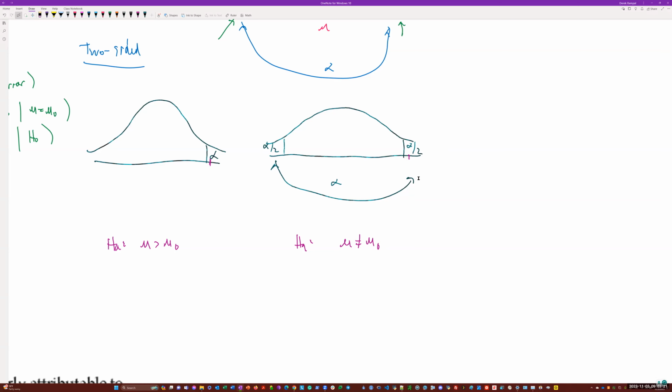If we say that here, we're pretty sure that we think the mean is actually larger than this value, right? At least we have some idea of what's going on with this distribution. Is that correct? But in this case, what do we know? Not much, right? We can't even say if it's going to be bigger or smaller. So the burden of proof should be slightly higher in that case for you to reject the null hypothesis.